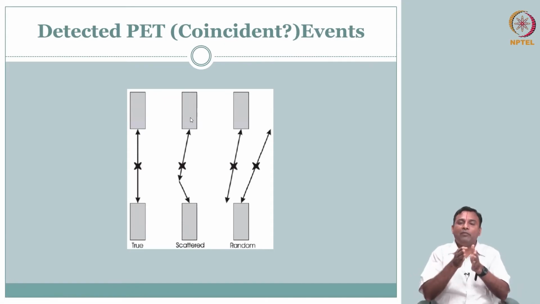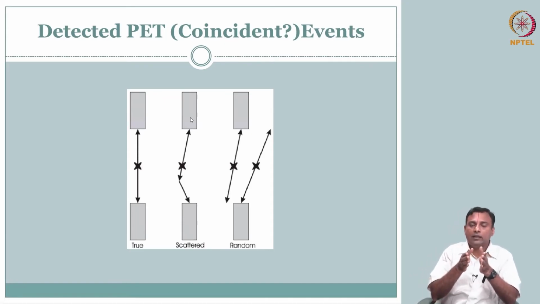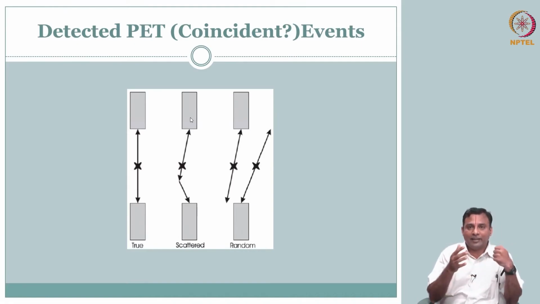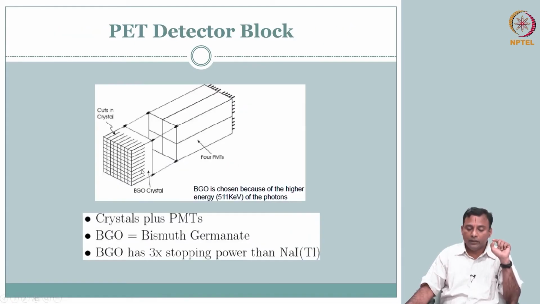How can we reduce that? Maybe we can go for a thinner crystal. But if you go for a thinner crystal, maybe it is not catching the gamma photon, right. Since we have the coincident circuit, that is a blessing, but how can we reduce this probability? Maybe we can go for a better crystal property that is very efficient at this particular 511 kilo electron volt, and therefore here the crystal material is usually bismuth germanate.